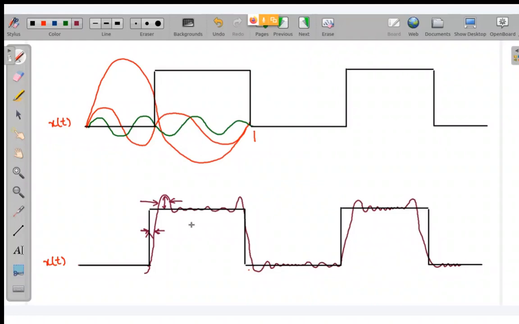See, JK flip-flop is the most versatile flip-flop that we have. Why? With the help of JK flip-flop, I can construct D flip-flop. With the help of JK flip-flop, I can construct T flip-flop. I can construct even SR flip-flop and remove the negative aspect of SR flip-flop. So basically, you can say that JK flip-flop is the universal flip-flop.